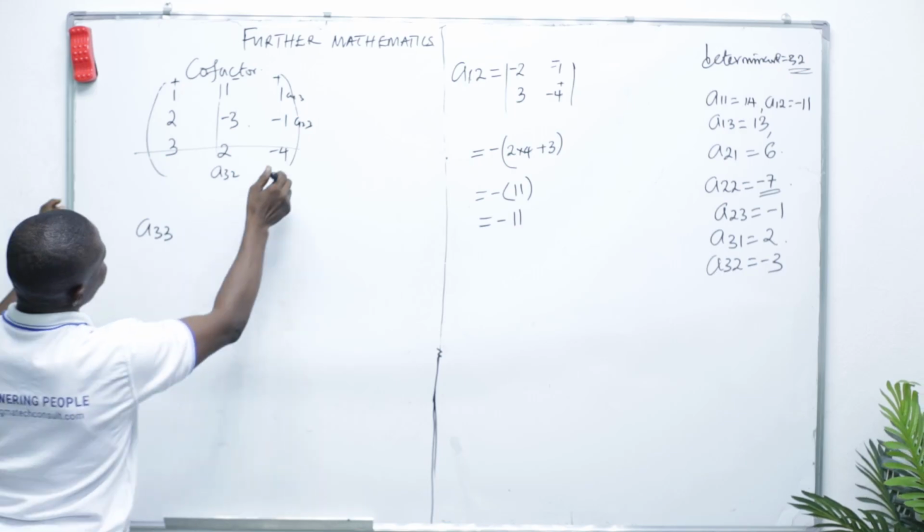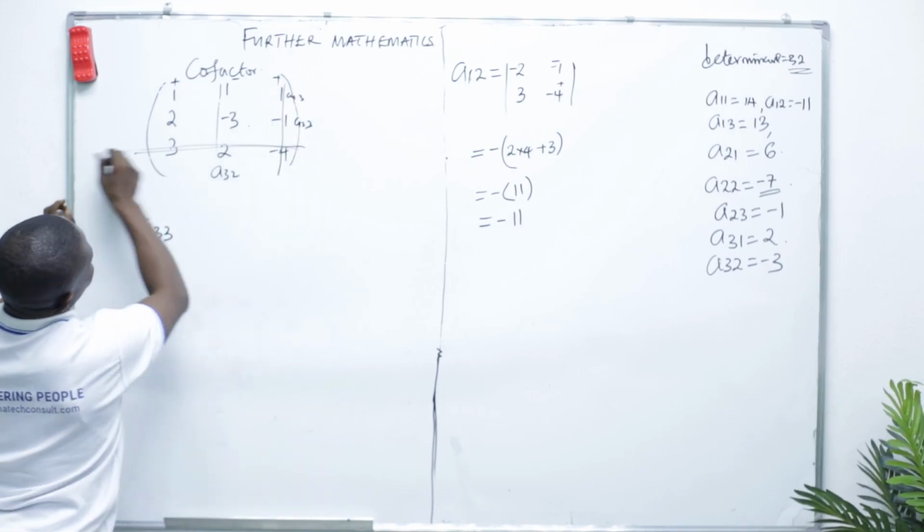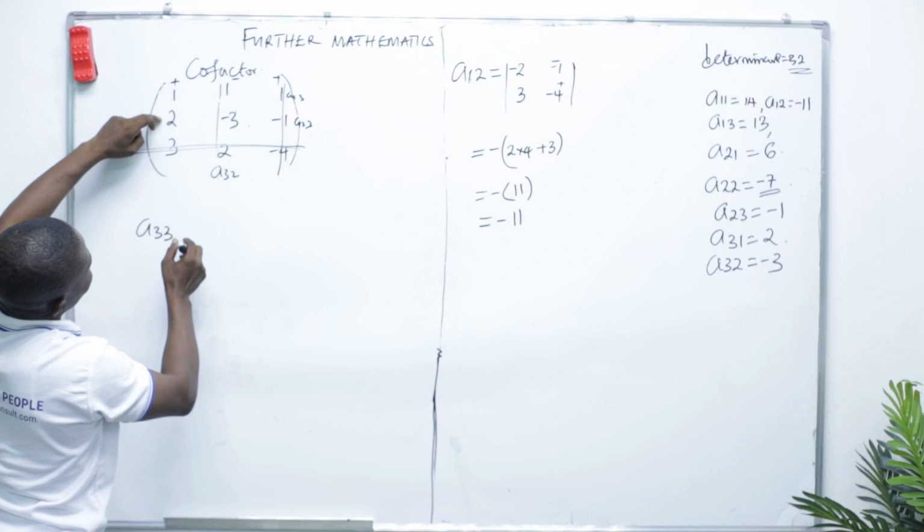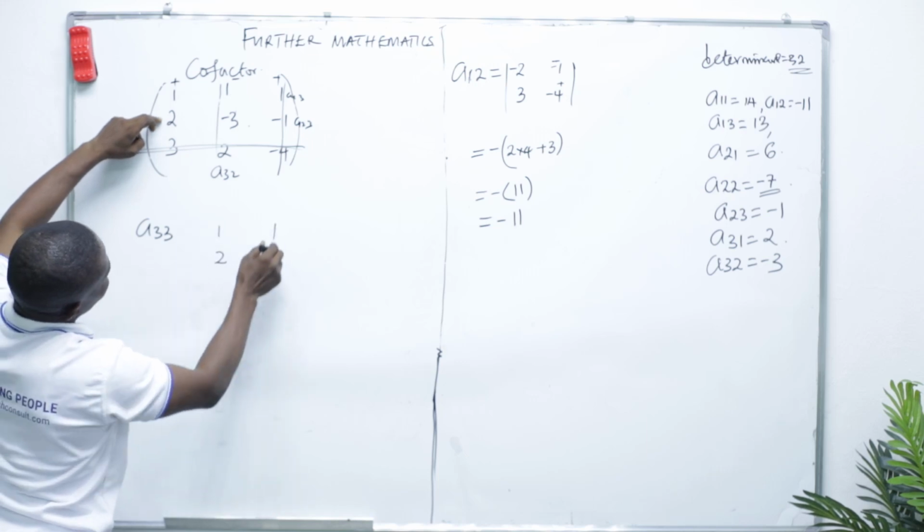Now let's determine A33. A33 this way and this way. What will remain? 1, 2, 1, minus 3.